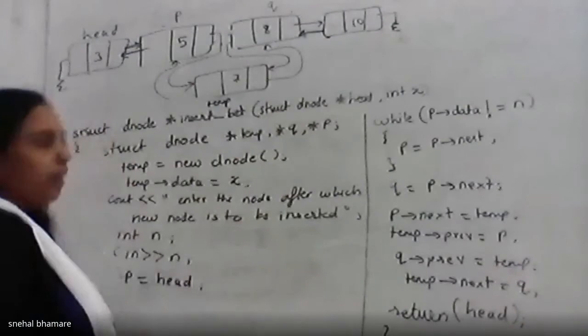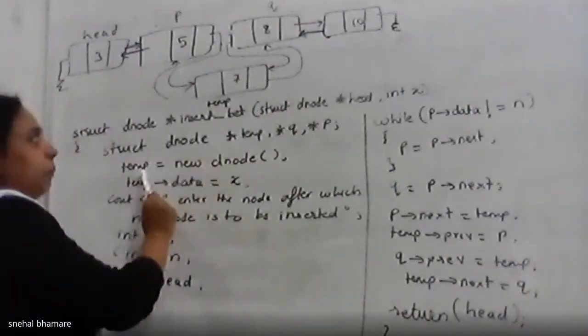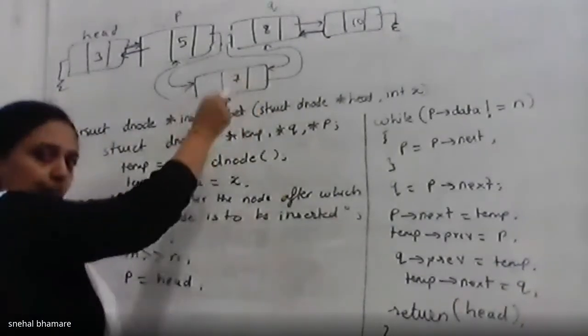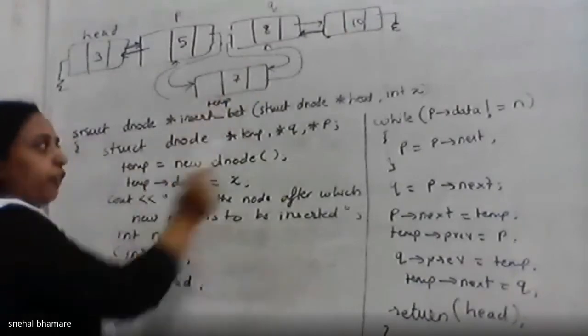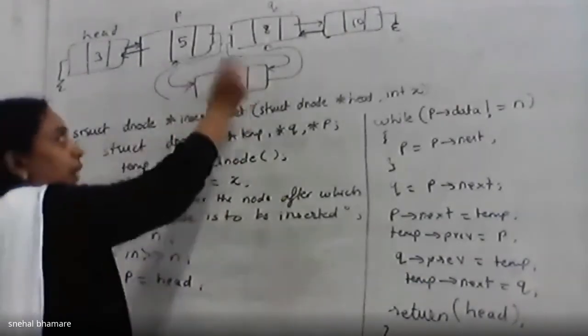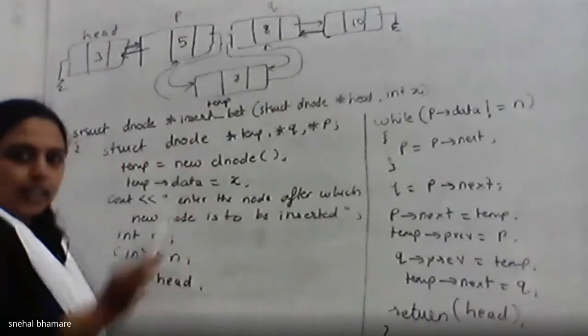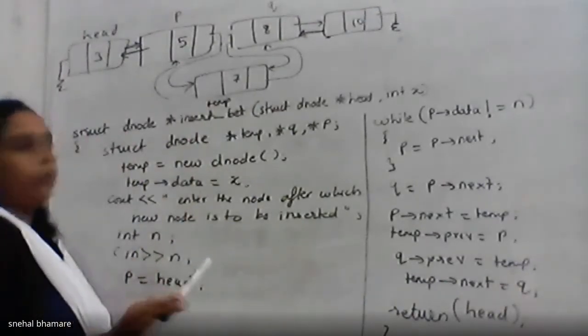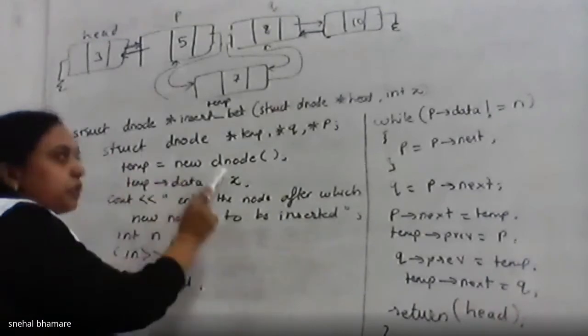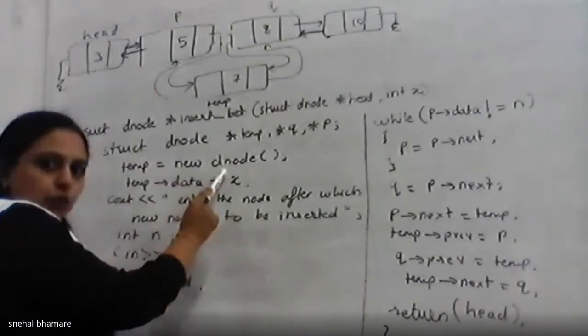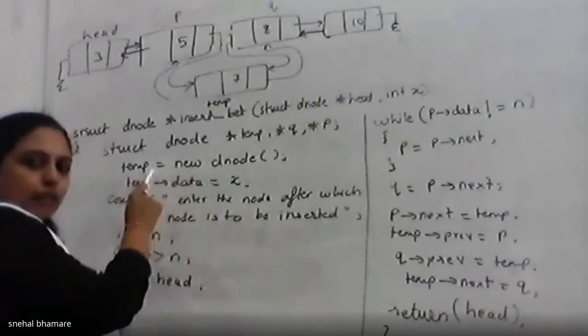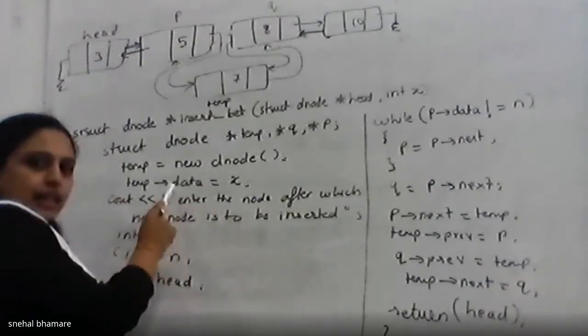After that, for temp, since it is going to store a value in it, we will allocate memory only for the temp node. P and Q are just nicknames of the already present nodes. Hence, we are not going to allocate memory for them. Okay. So temp is equals to new node. The new function will allocate memory for this. In the data part, copy the x data value.